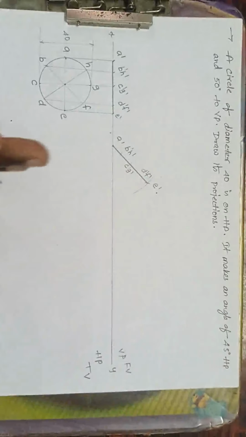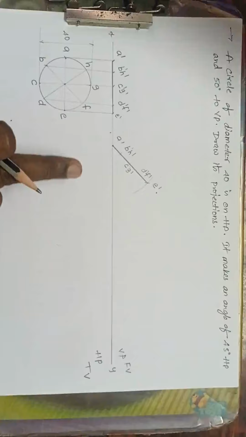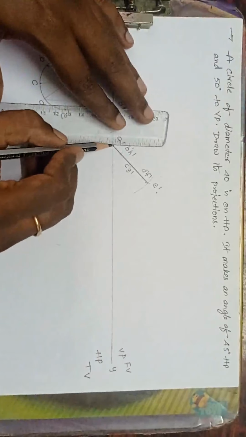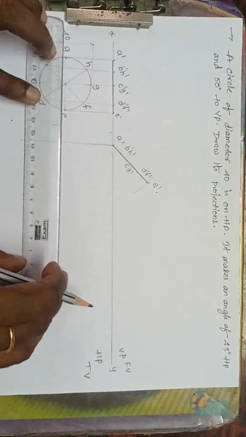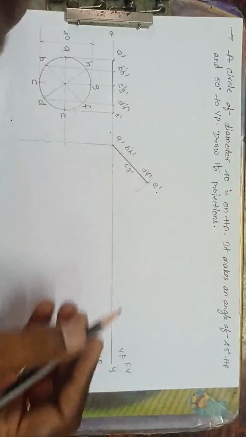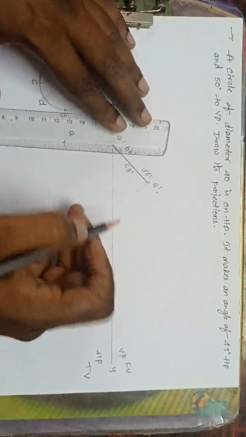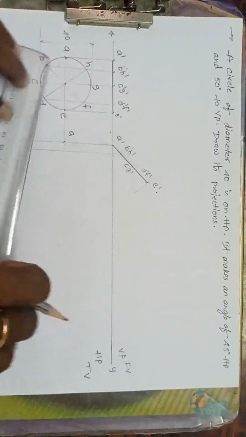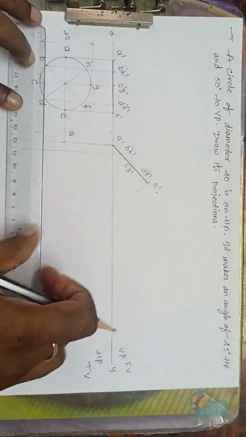Now if the circle is tilted, it will appear as an ellipse. Yes, so it should be an ellipse here. Okay, now what I am doing, just dropping the points: from A dash perpendicular line, from A horizontal line. This is A. From B dash, H dash, from B perpendicular line, from B horizontal line.